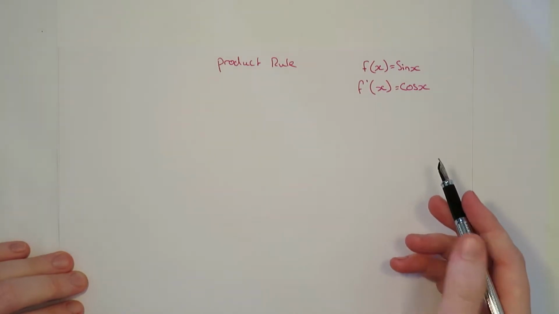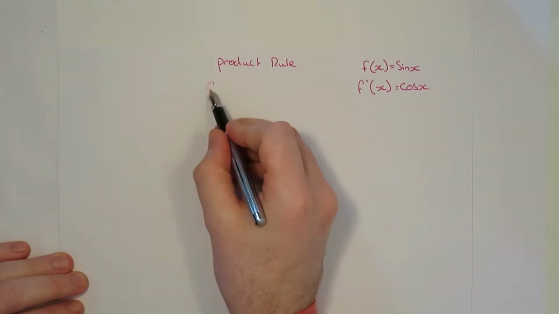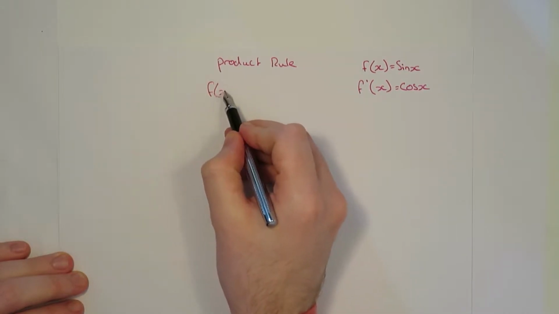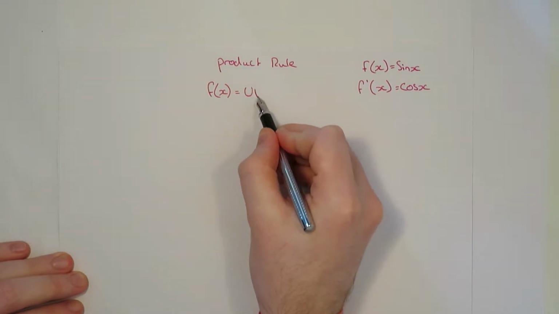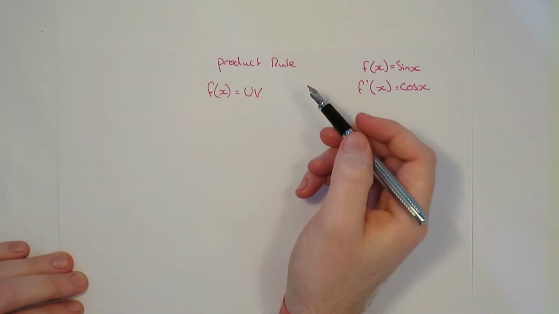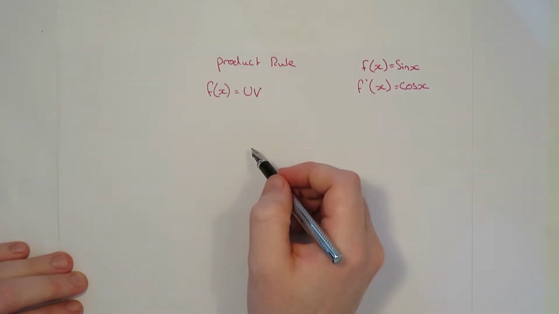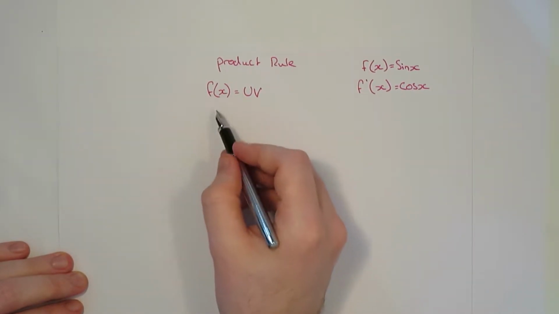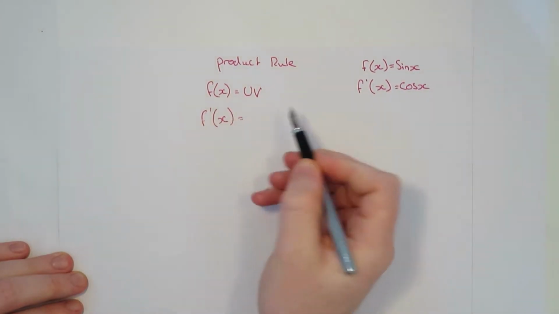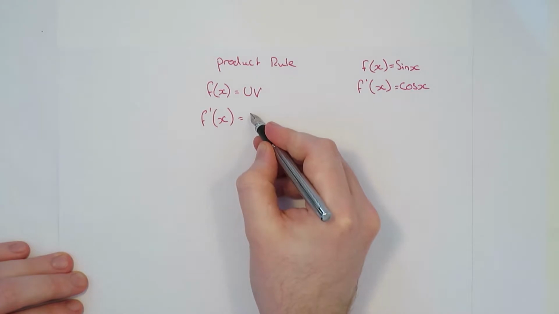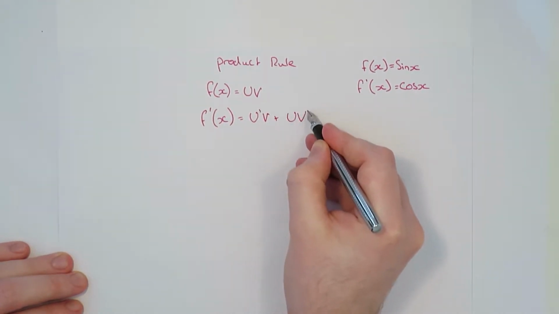So first of all, what is the product rule? Well, the product rule is if you have a function u multiplied by v, then the derivative of this will be u prime v plus u v prime.